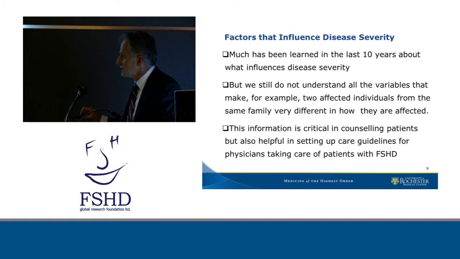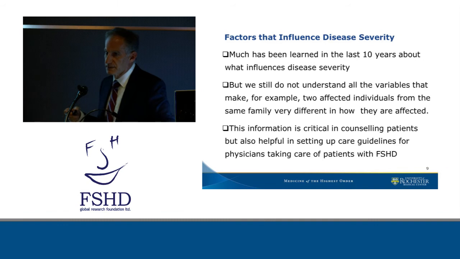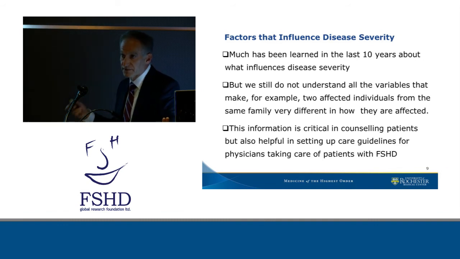Especially, as people who see a lot of patients with FSH muscular dystrophy, neuromuscular specialists are very familiar with this condition, but the general neurologist or the general practitioner really need help and some guidelines about what to do and when to do certain things in patients with this condition.